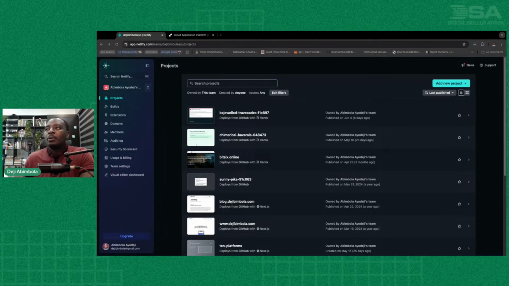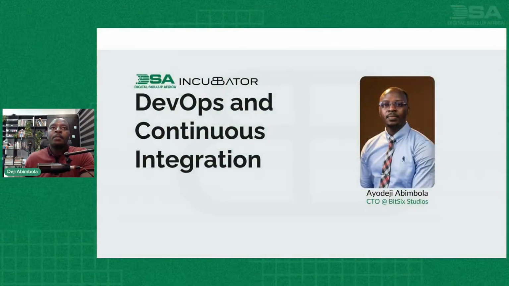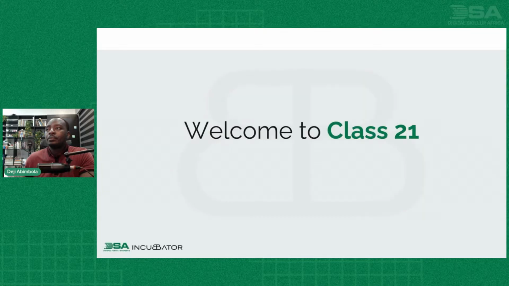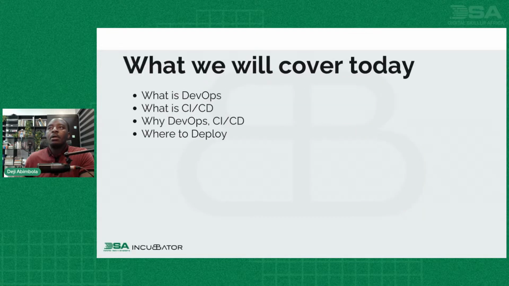And then we will look at why DevOps, and I think during that point, we will consider the origin of DevOps. And then we will look at where to deploy. In looking at where to deploy, we'll look at the different services that currently are available. So that's what we'll be covering today in the class.